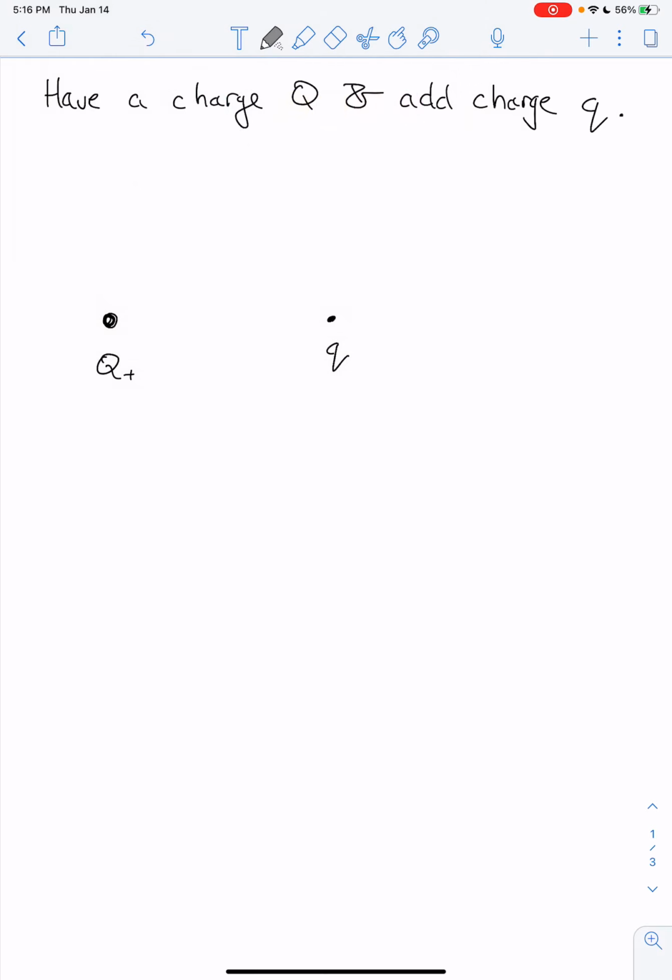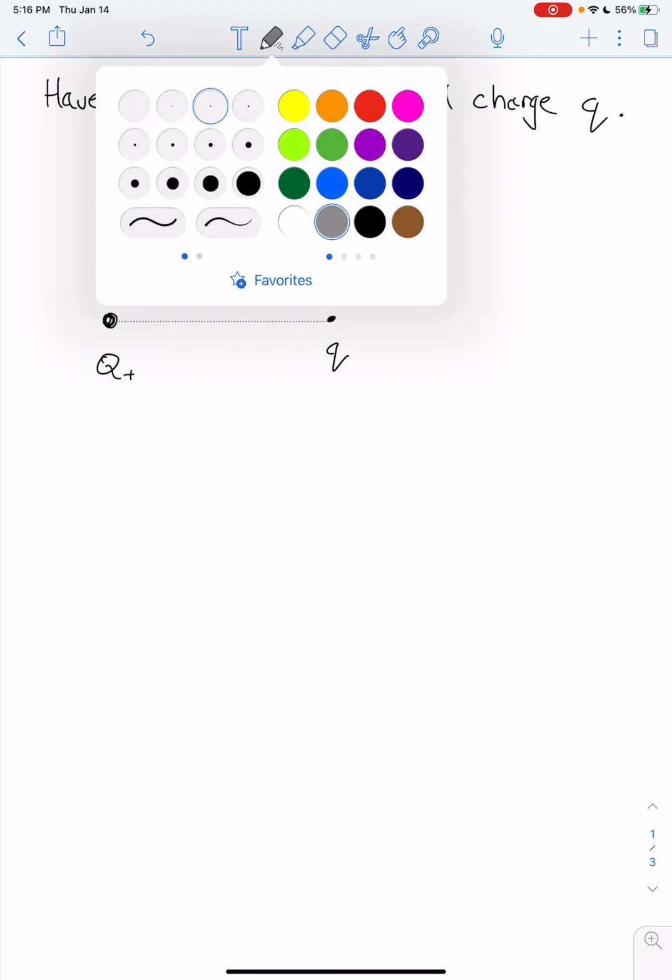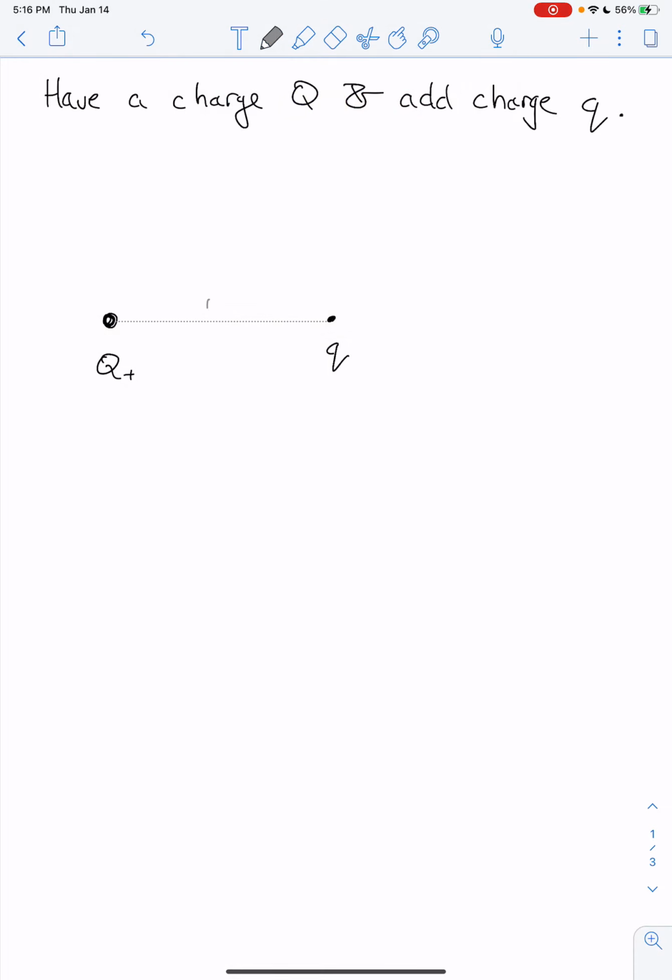I'll just denote here, we'll call this distance R. Okay, so they're going to be distance R apart.